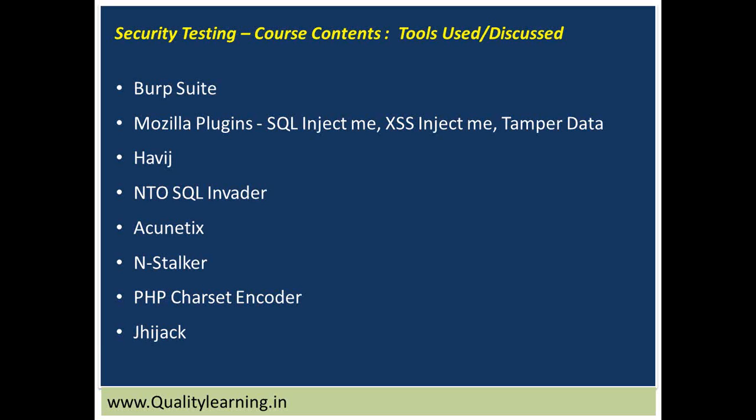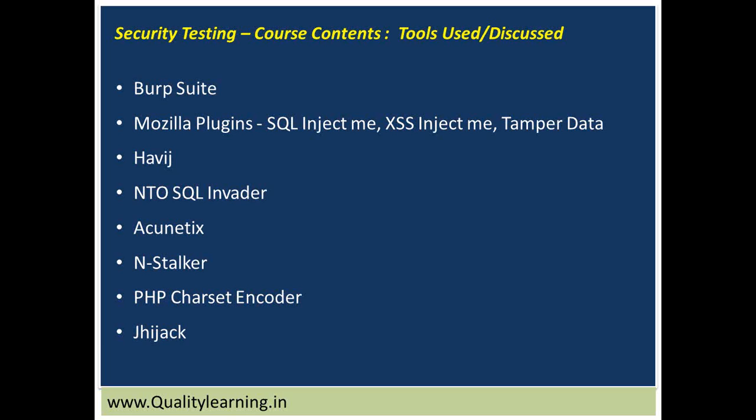Havij, NTO SQL Invader, Acunetix. The last few tools like Acunetix, Netsparker, and NTO SQL Invader are all commercial tools. We will go through how to use them. They perform an automated scan and throw the results to us, with which we will be able to zero in on the problematic areas.